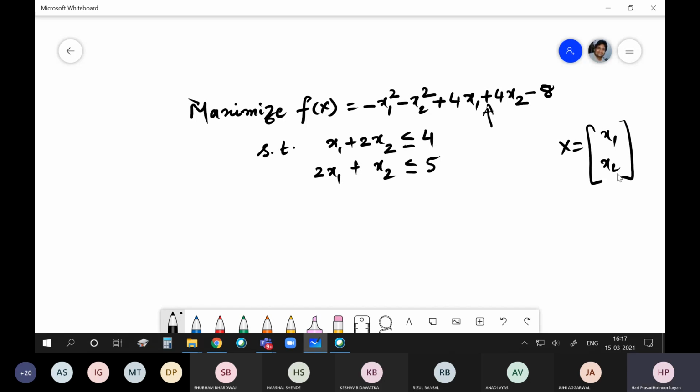So what are the eigenvalues you get? What are the eigenvalues we get for the Hessian?